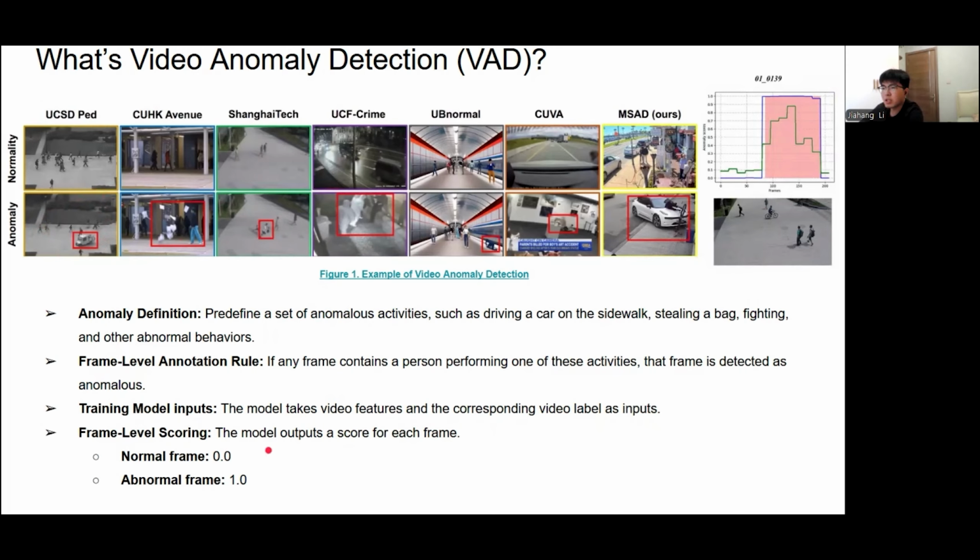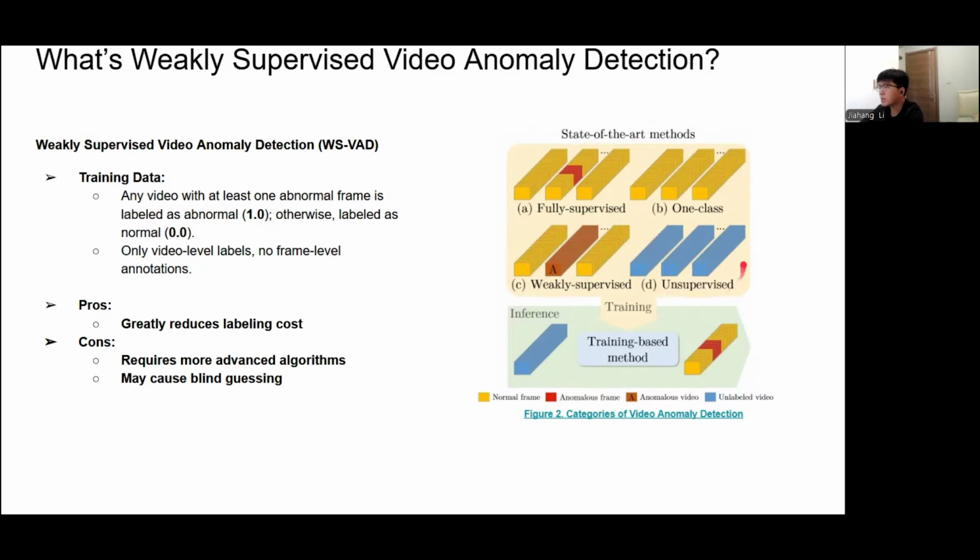If a video contains at least one abnormal frame, the entire video is labeled as anomalous. And unsupervised VAD does not use any label for training. To balance the performance and the labeling cost, our research focuses on weakly supervised VAD.